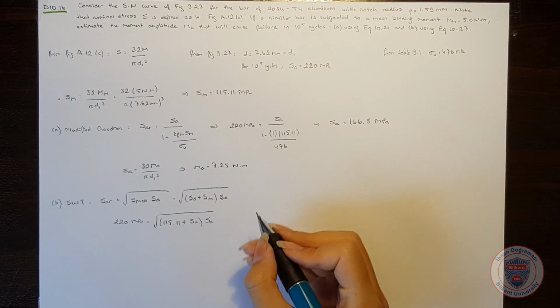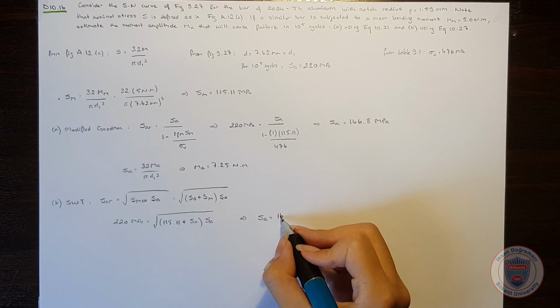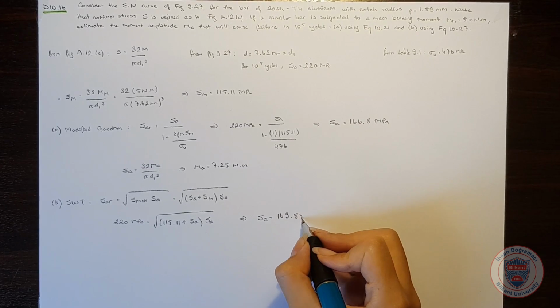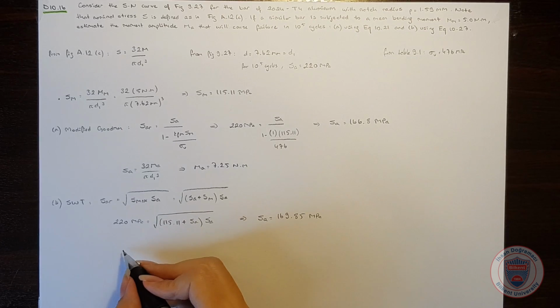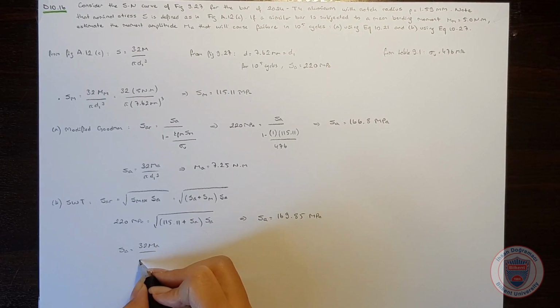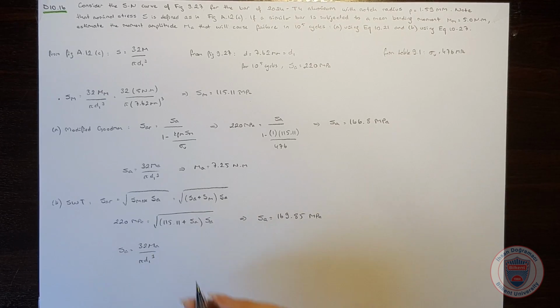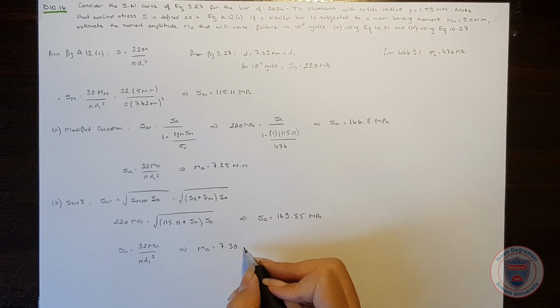When we compute, we will see that SA is equal to 169.85 MPa. Again, we know that SA is equal to 32 MA over pi D1 cube, which will give MA is equal to 7.38 Newton meters.